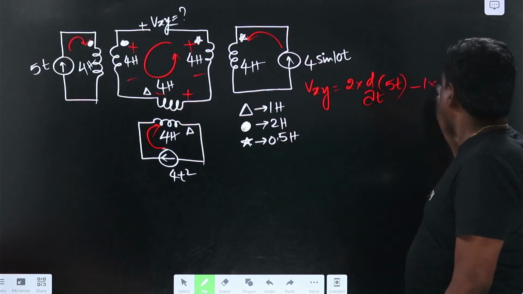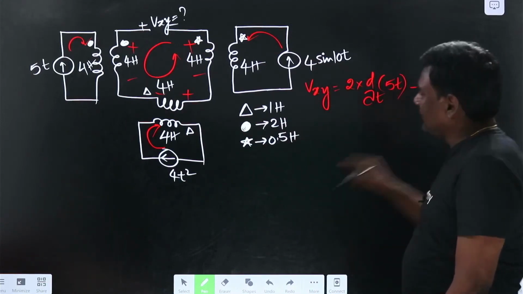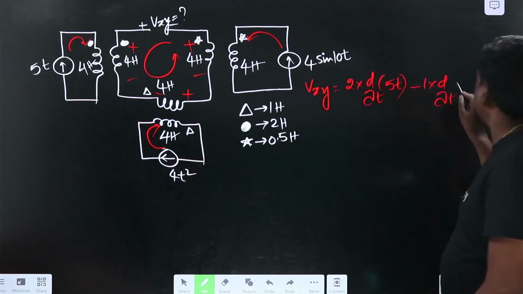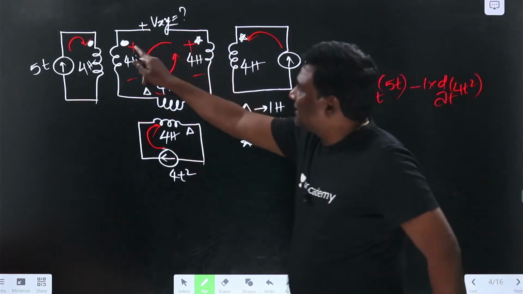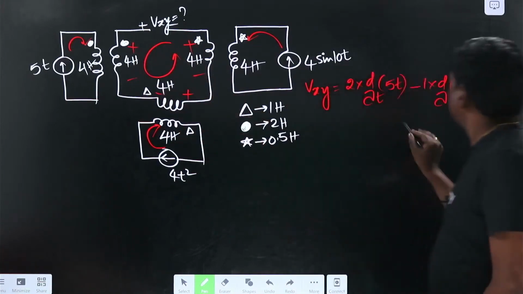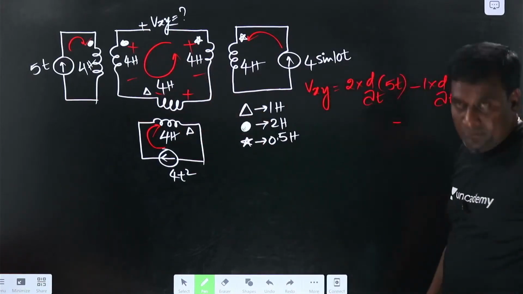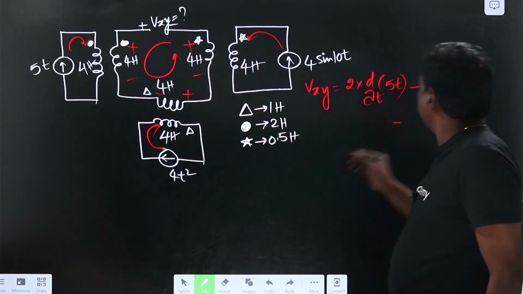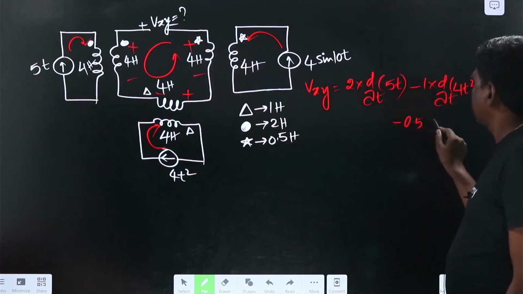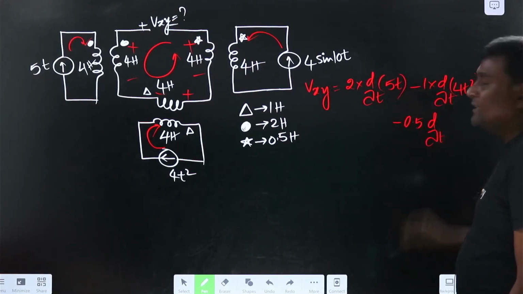So 1 into d by dt of how much is the current? 4t square. Okay, so plus minus, so it is going to be minus. Okay, minus, what is star? 0.5. So 0.5 into d by dt of m di by dt.